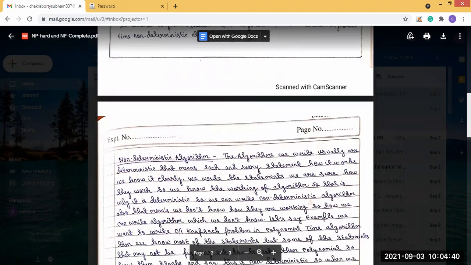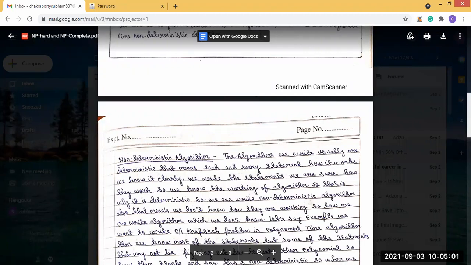Let's say an example: we want to write the 0-1 knapsack problem as a polynomial time algorithm. We have seen that the 0-1 knapsack problem takes exponential time. Let's say we want to write it as a polynomial time algorithm.